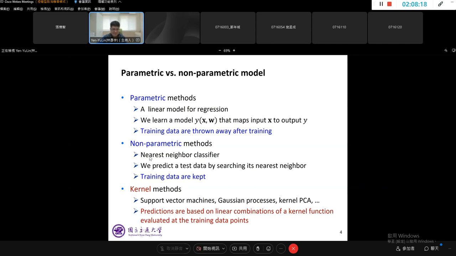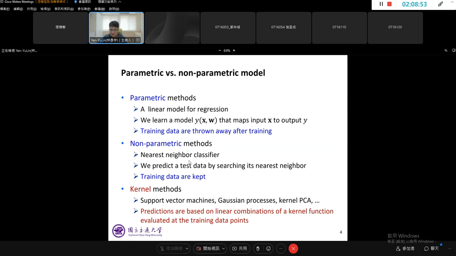Let's look at another category, the non-parametric method. Compared with parametric methods, training data are required even after training. In homework number 2, we used the nearest neighbor classifier to carry out classification for data points projected in a low dimensional space by using Fisher linear discriminant. You use a nearest neighbor rule to carry out classification.